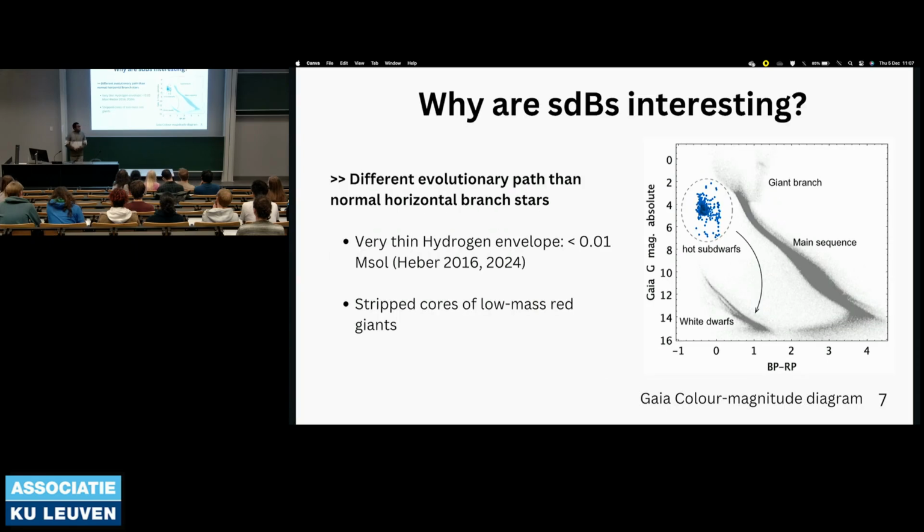But why are sdBs interesting? First, they represent a different evolutionary path compared to normal stars. This is because they have a very thin hydrogen envelope, and this suggests that these are the stripped cores of low-mass red giants.